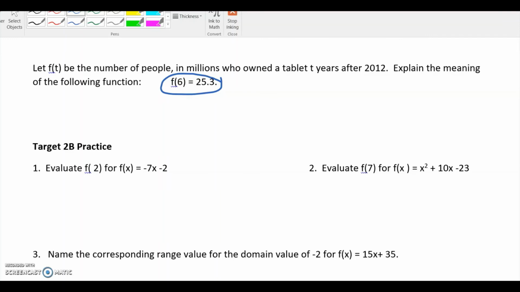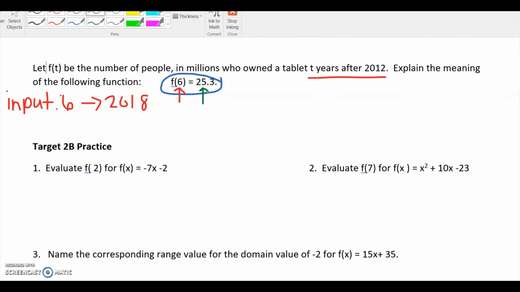So we know that our input is the number that's inside the parentheses. So the input is 6, so that means we're looking at 6 years after 2012. So that would go with 2018. And for output, that is the number that's outside of it.